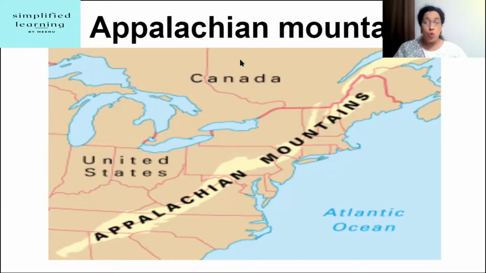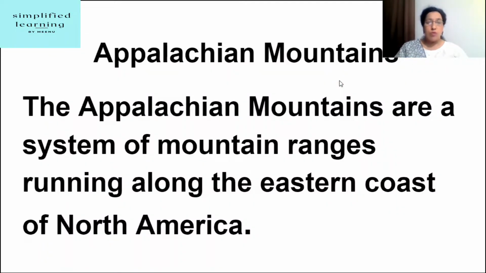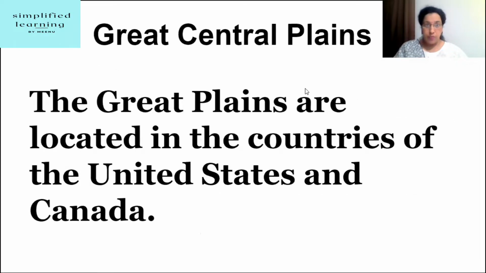Appalachian Mountains are old fold mountains. Can you recall old fold mountains of India? Yes, Aravallis. Clear? Now, the eastern slope of Eastern Highlands facing the Atlantic Ocean is steep, and Appalachian Mountains are also rich in minerals. So Appalachian Mountains are a system of mountain ranges running along the eastern coast of North America.